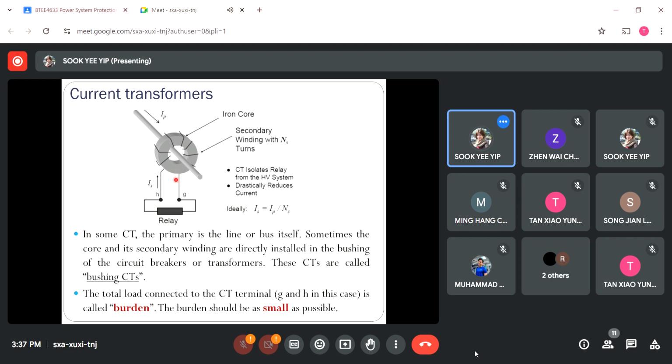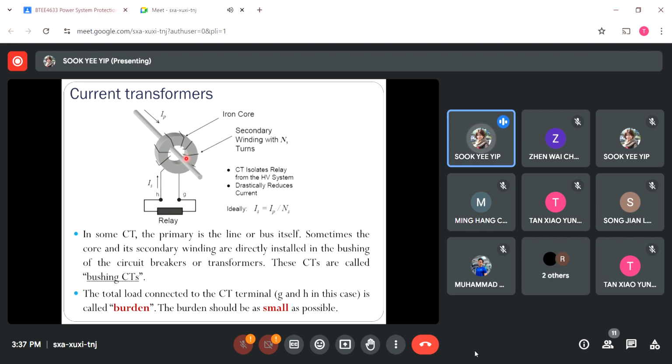We know this is the secondary winding turns here, so we could have different components connected here to get the current measurements. Terminals G and H here are the secondary terminals of the current transformer. For whatever components, in this case the relay is considered the burden for this current transformer.